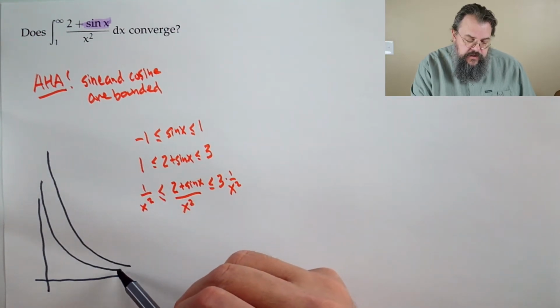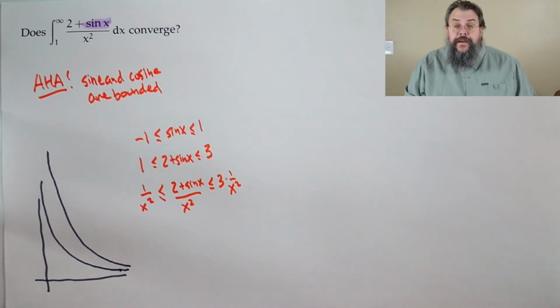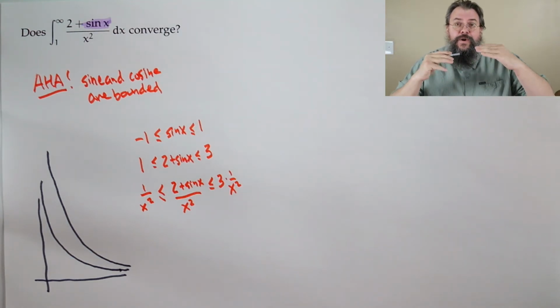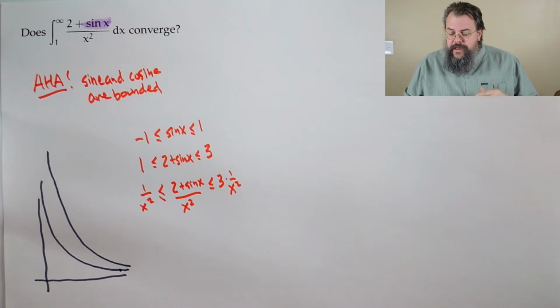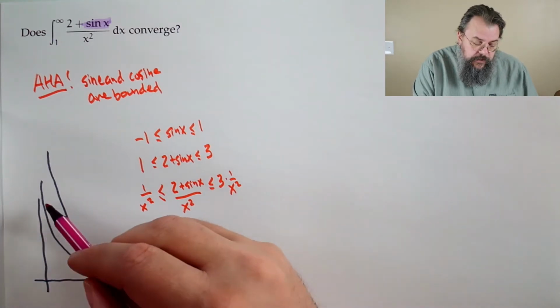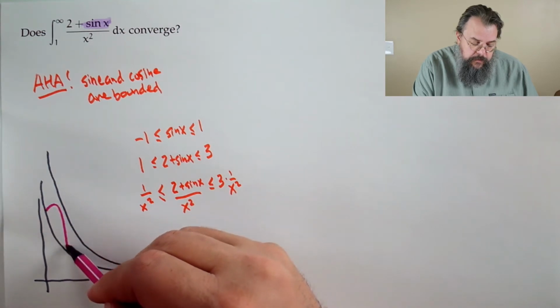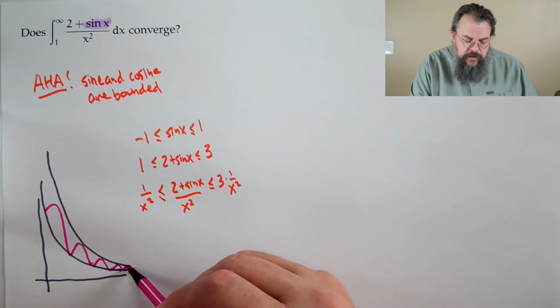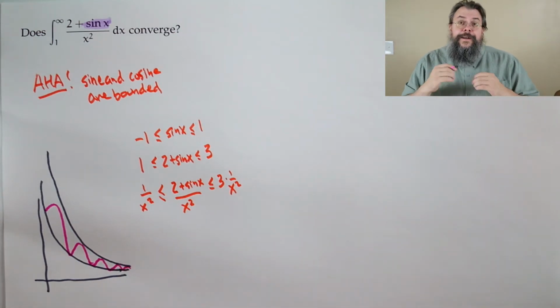And of course, as you head off to infinity, they get closer. And what's happening is that we're going in between the two. And it really will. This function will bounce back and forth between the top and the bottom in some fashion.